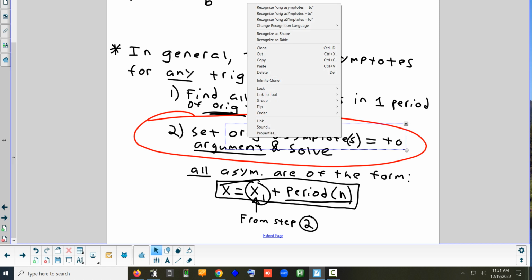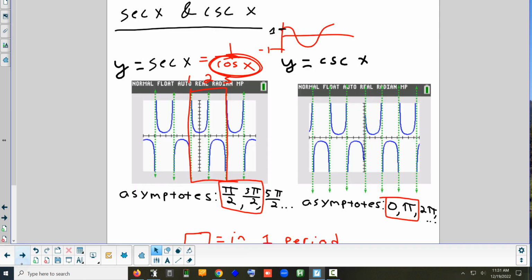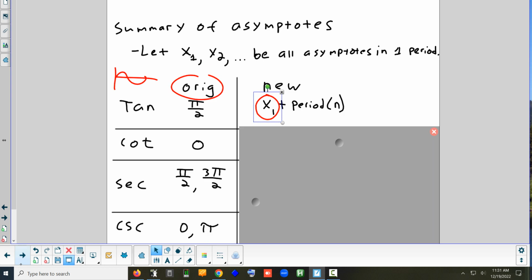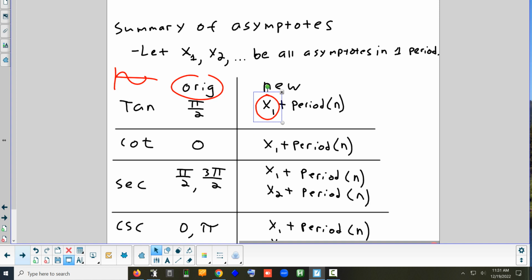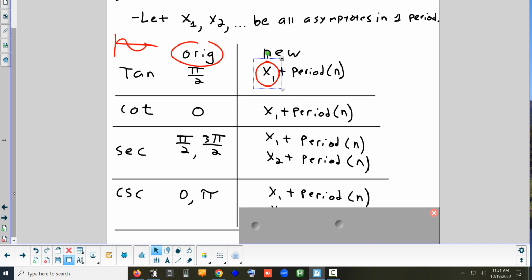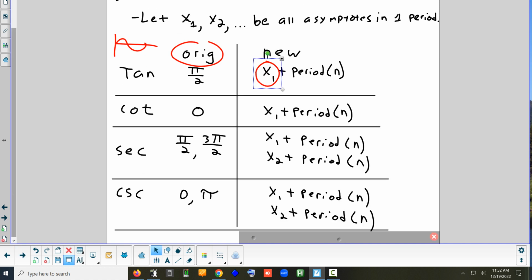You've got a table. You can look it up. And once you find one asymptote, you always add the period times n. That's the same for everyone. For tangent and cotangent, you only need to worry about one asymptote per cycle. I'm sorry, secant and cosecant, two per cycle.